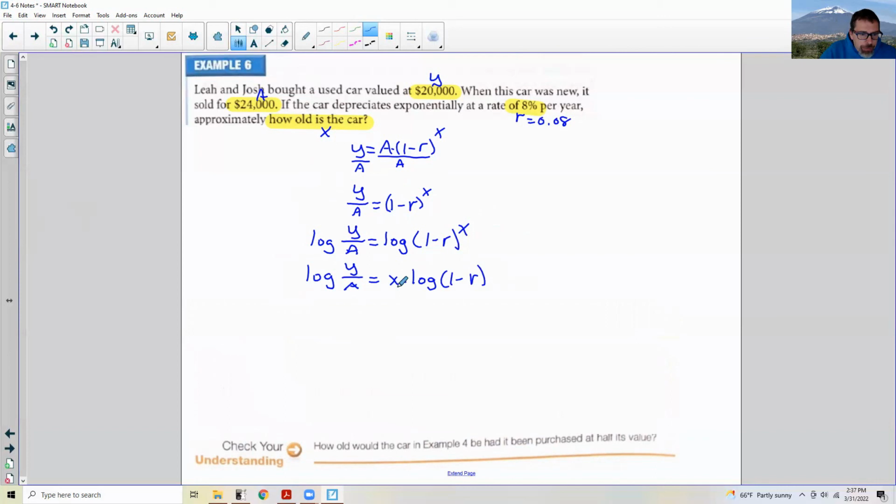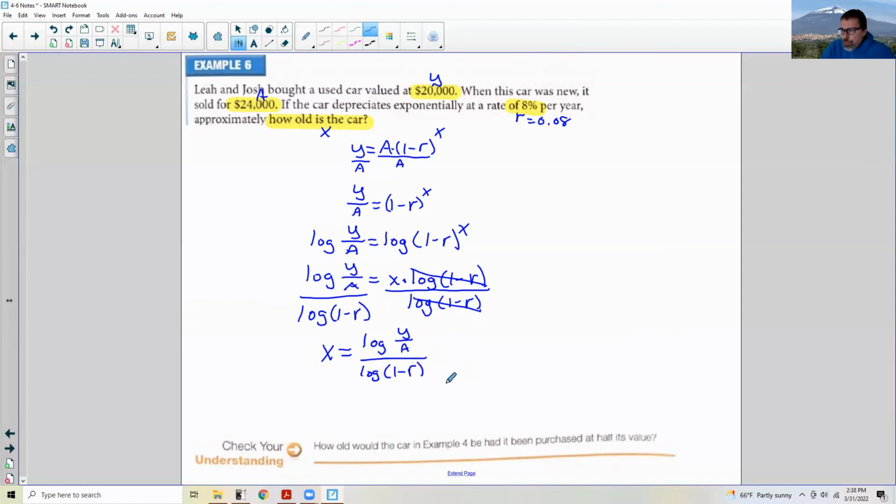Here's multiplication, so divide by the log of 1 minus R on both sides. These will then cancel, and we get X equals the log of Y over A divided by the log of 1 minus R. Whew. Okay, so there's our equation.